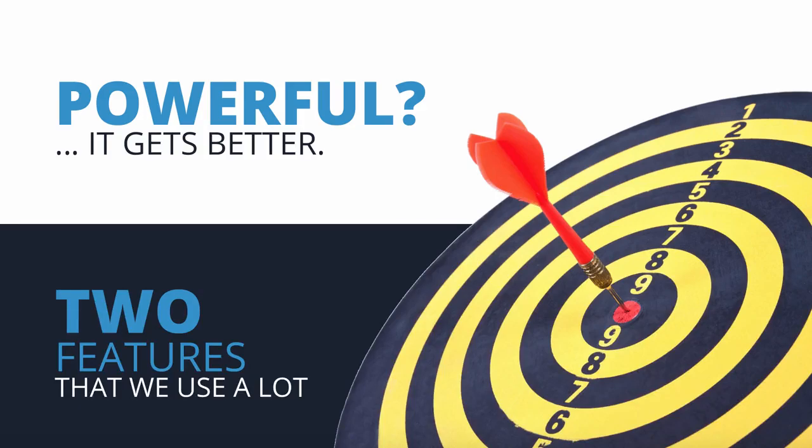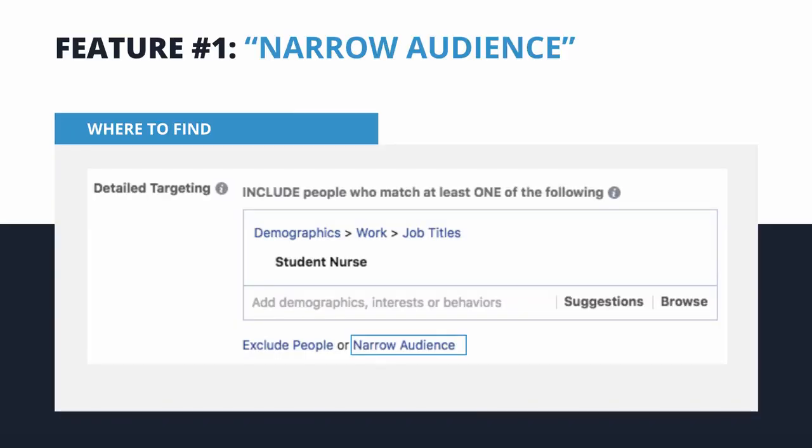So it gets better. I'm going to talk about two techniques that we do. We talked a little bit about the narrow audience. The narrow audience is when two things have to match up. They have to be interested in nursing, and they also have to be a frequent shopper or something.